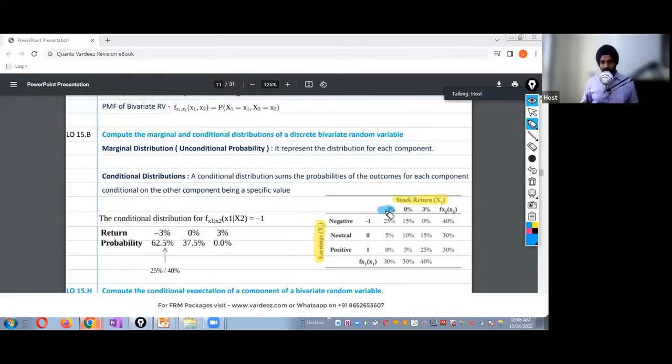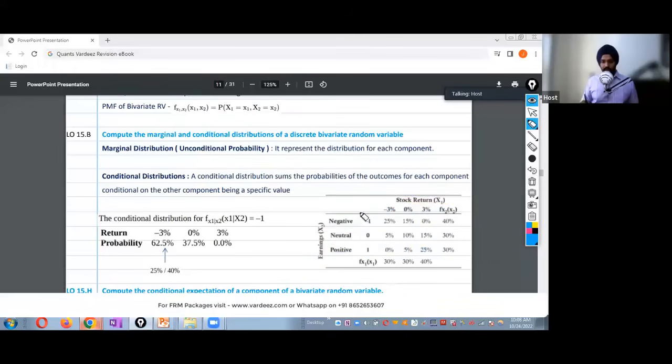Either you can have negative 3%, 0%, or positive 3%. Then the earnings can be negative, neutral, or you can earn a lot, which is positive. And in the middle, we are given all the probabilities. The negative is 1, the 0, and this 3. That's just a number that has been given.